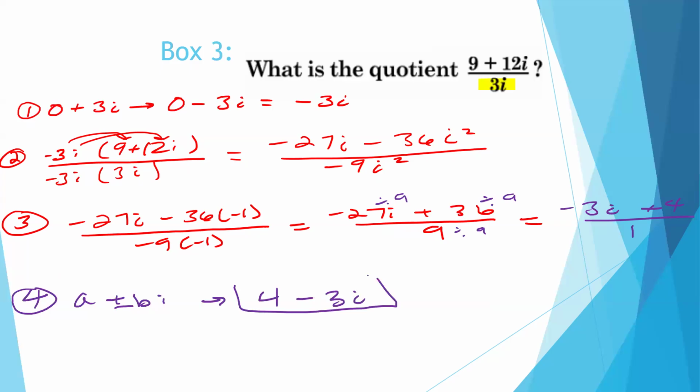So our answer, this is our quotient, is 4 minus 3i. Okay. This is considered an easier one because your denominator is a monomial. So if there's questions that you have about the 4 steps here, please let me know. Questions, comments, concerns?